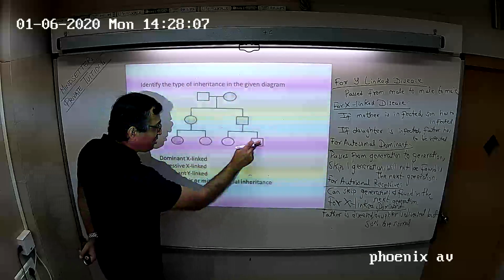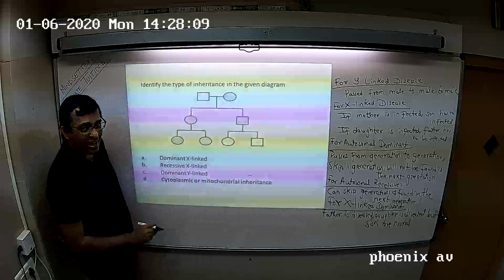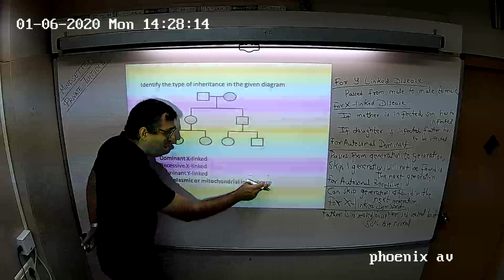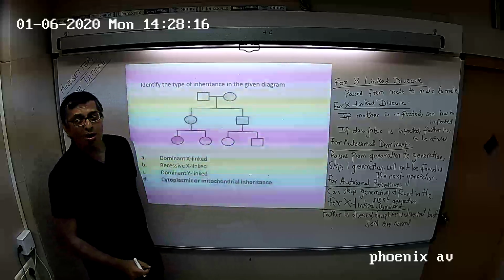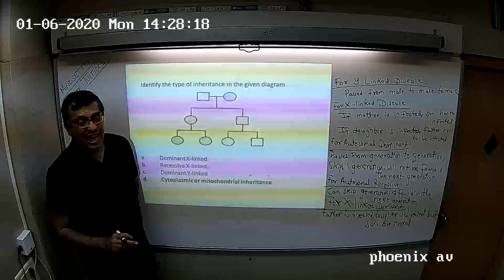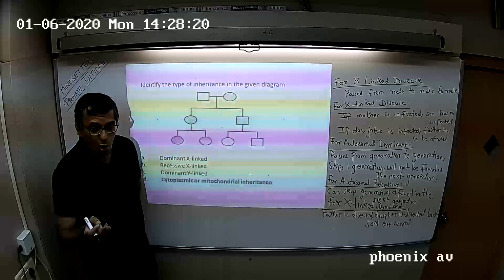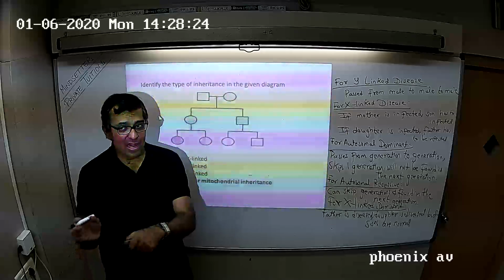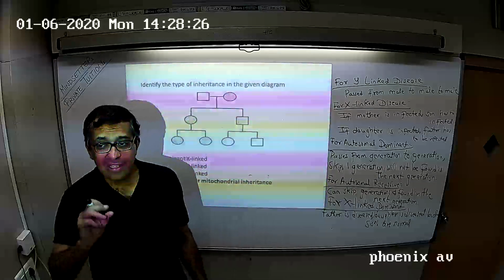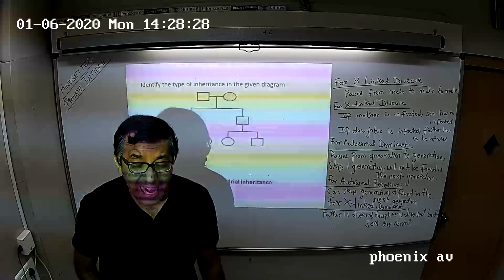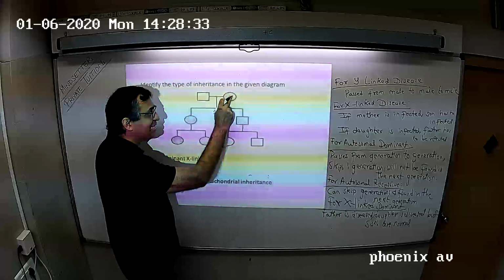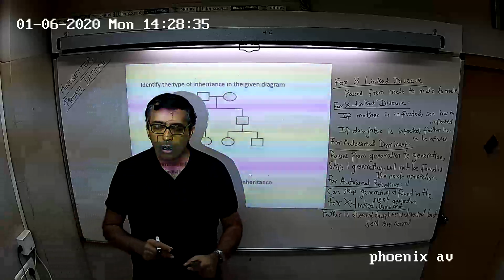From the son, the next generation is not diseased. This is a cytoplasmic or mitochondrial inheritance. Cytoplasmic or mitochondrial inheritance means this is neither X-linked, Y-linked, dominant nor recessive. This is a mutation in the mitochondria, and the mutation in the mitochondria is there in the mother.